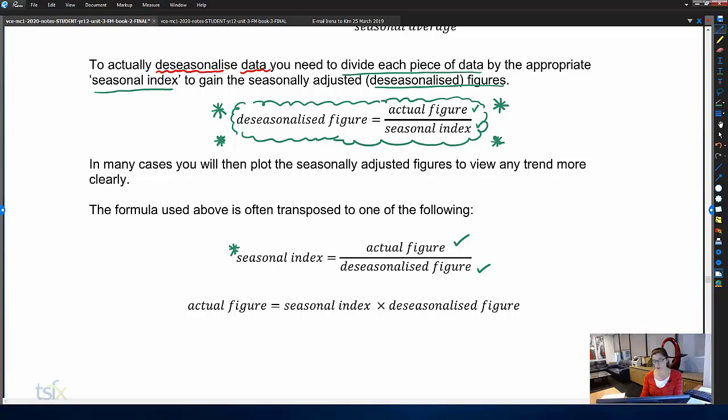So this relationship here is actually derived from this equation up here. All we're doing is we're taking this denominator, we're making this a subject, and we're moving this deseasonalized figure here and bringing it over to the other side.